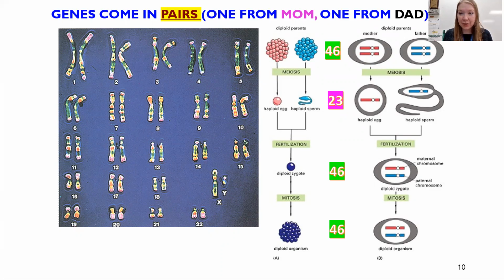And when they come together to fertilize the egg, that makes up for a total of 46 chromosomes. And we'll go into this in a bit more detail in the mitosis and meiosis video, but that's why we have two different genes coming together from both of our parents.